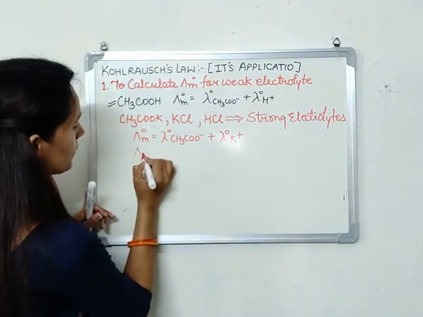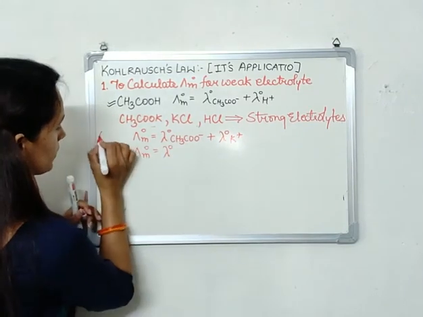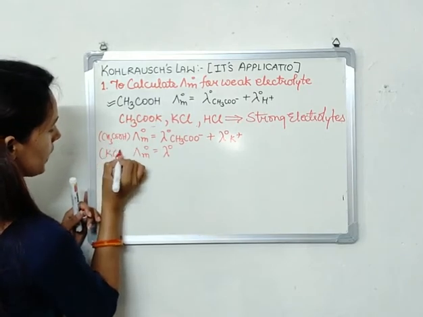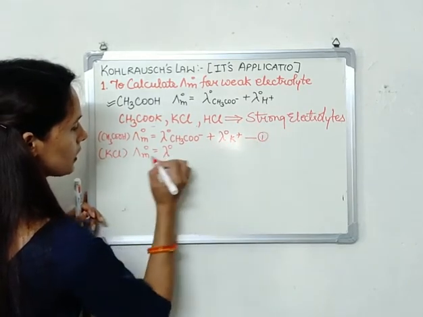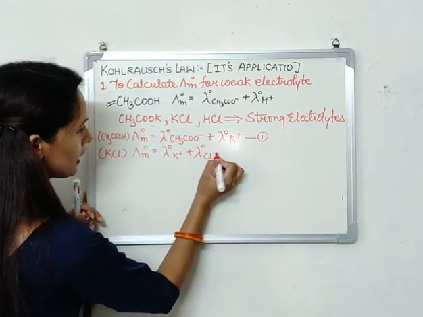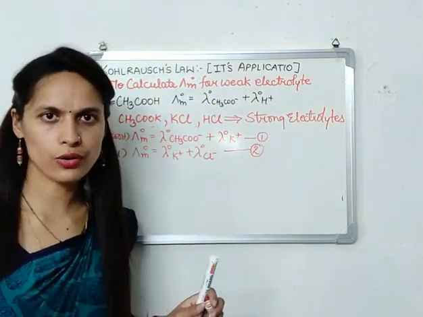Similarly, lambda m naught for KCl becomes, this is for CH3COOK, this is for KCl. This is my equation first. Lambda m naught for K positive plus lambda naught for Cl negative. This is my equation second. These are according to KOHLRAUSCH'S law only.